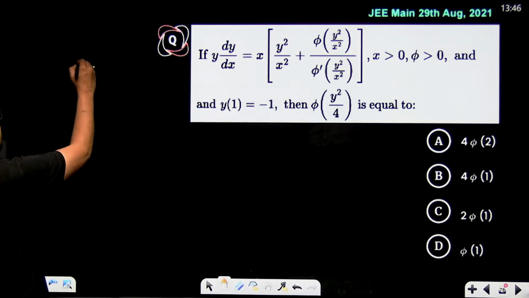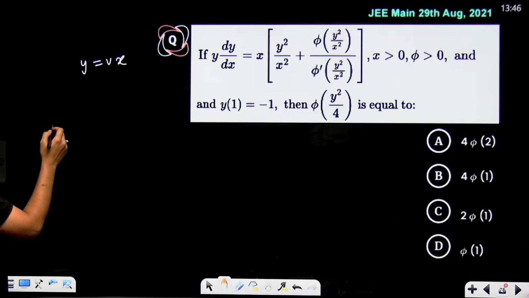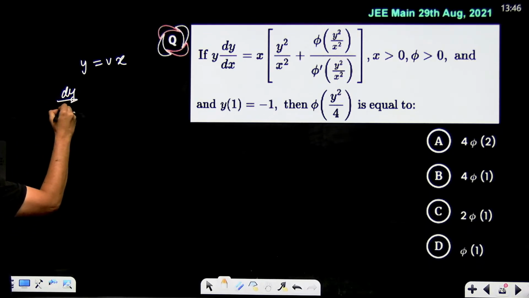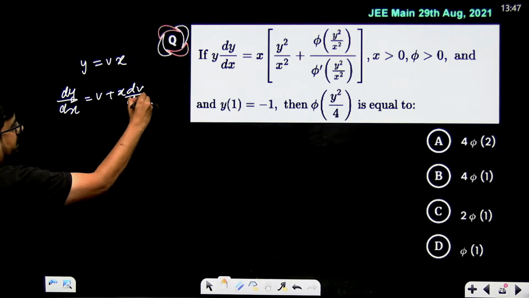So we can directly take y by x equal to v, or y equal to vx. So our dy by dx will become nothing but v plus x dv by dx.